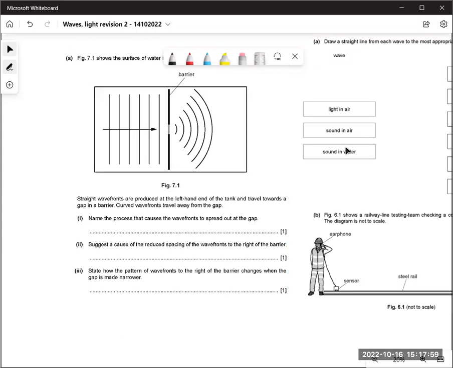So do the spacings of the wave fronts, which is basically the wavelength, reduce in the process? Now what we need to say here is that the waves are bending. That causes the spacing. Fine, I'll show you.